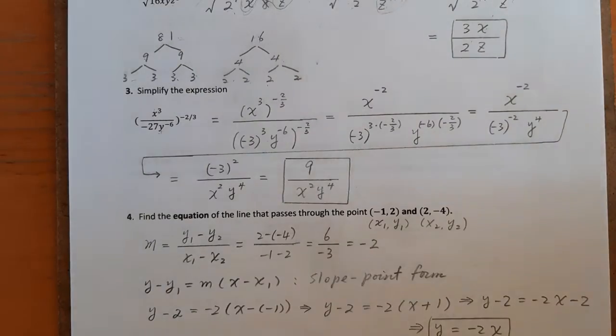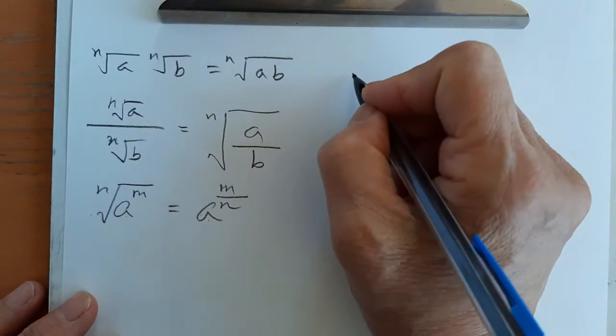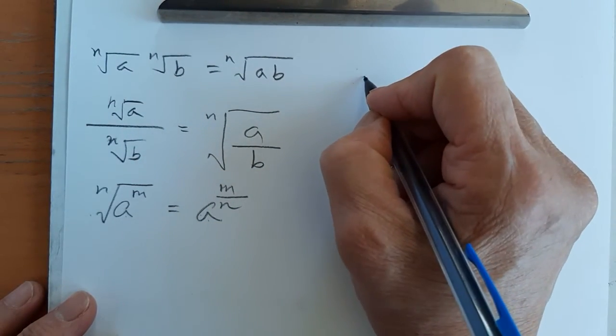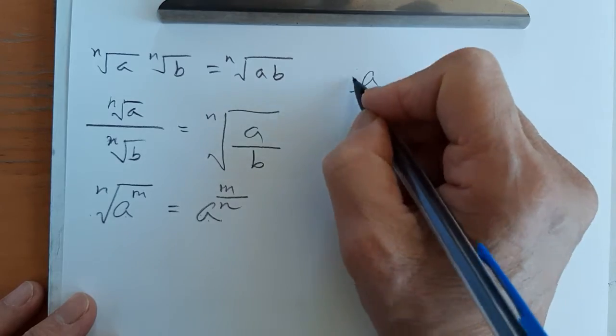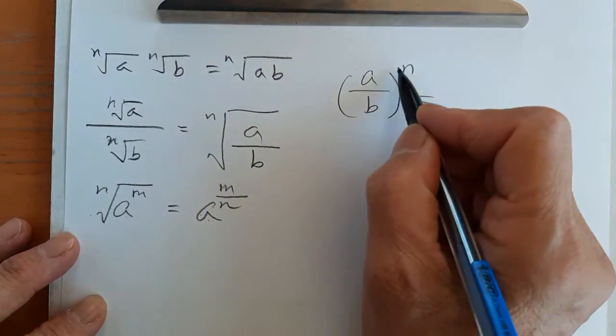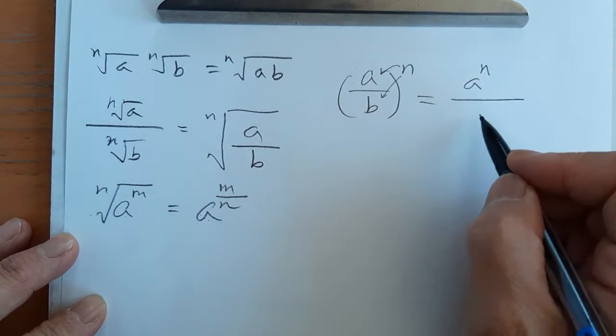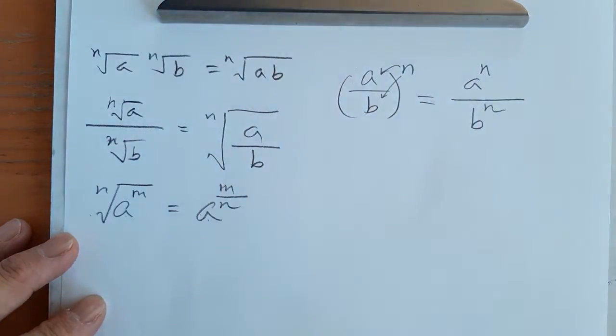The power rule of quotient is a over b to the power n, and this exponent goes into each base: a to the power n over b to the power n.